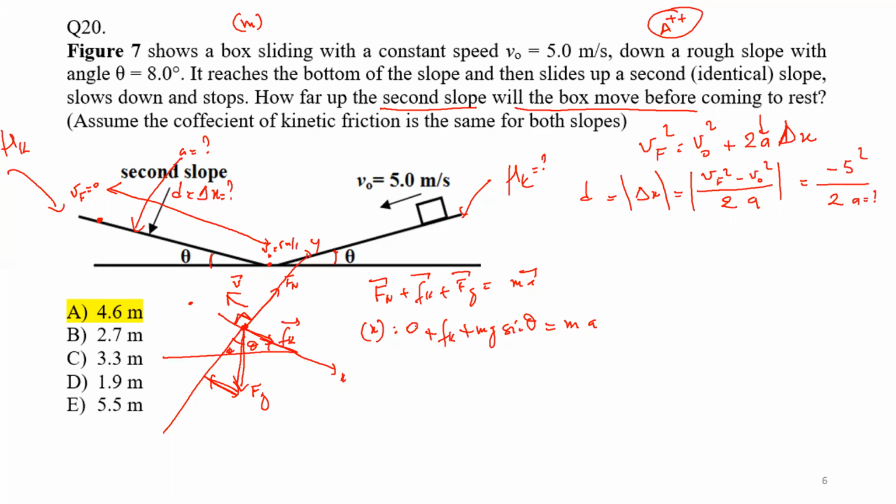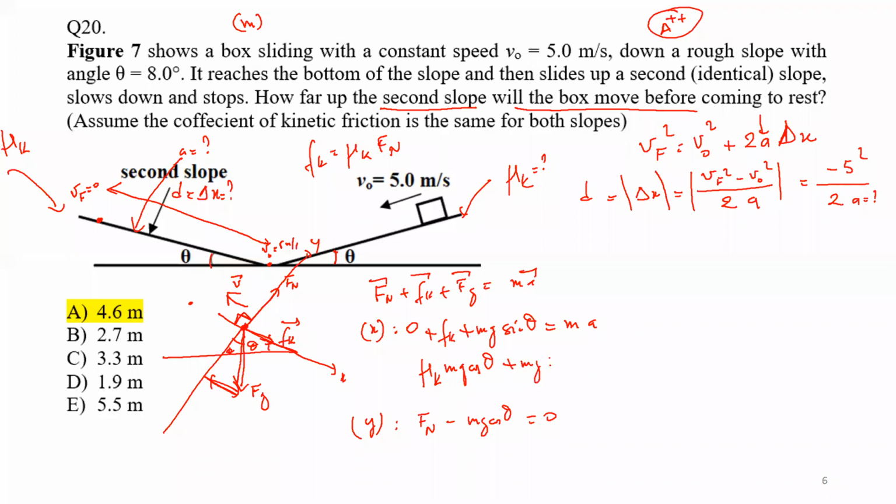So you know that Fk is equal to mu k Fn. But Fn, of course, if I use Newton's second law along the y-axis, I will have Fn minus mg cosine theta. Fk is 0 along y because it's purely along x, and this is equal to 0. So Fn is mg cosine theta. So Fk, which is mu k Fn, is just mu k mg cosine theta.